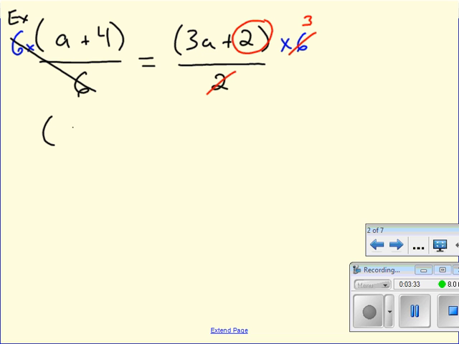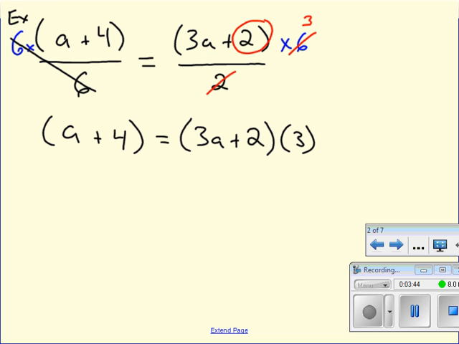So I have a plus 4 is equal to now 3a plus 2 multiplied by 3. So I've actually gotten rid of both my 6 and my 2 by multiplying both sides by 6.